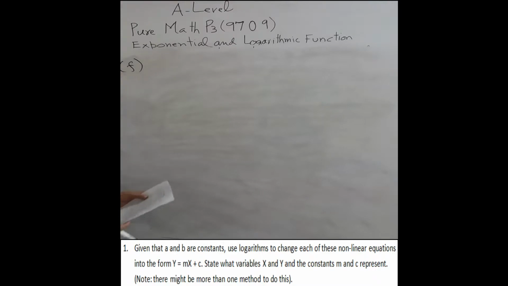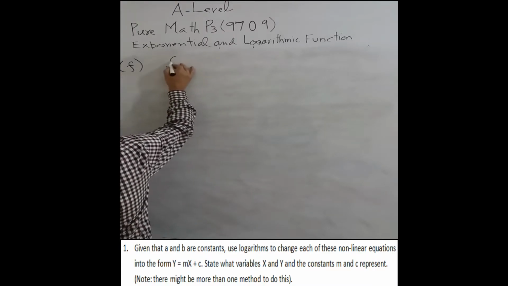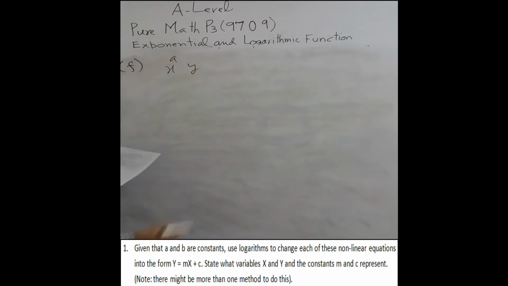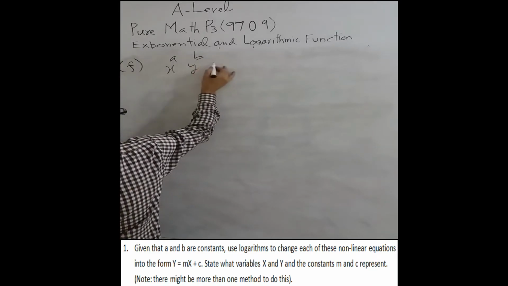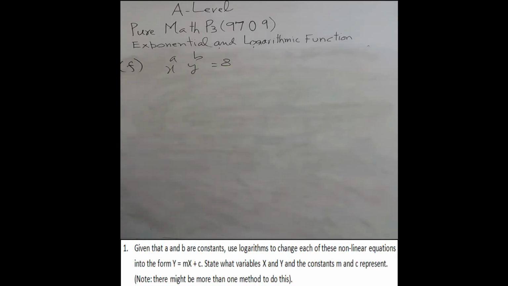F part. Now again we have x raised to power a, y raised to the power b is equal to 8. Now again this is not a linear equation. You have x power, y power, taking log on both sides.